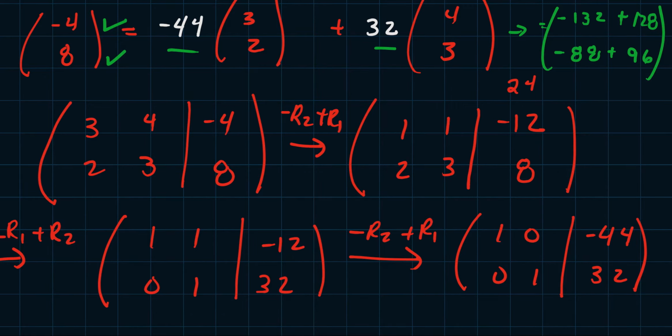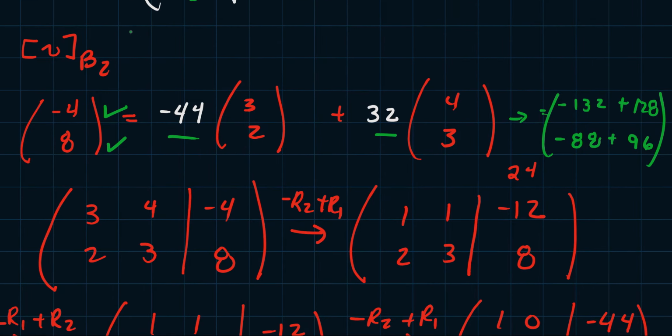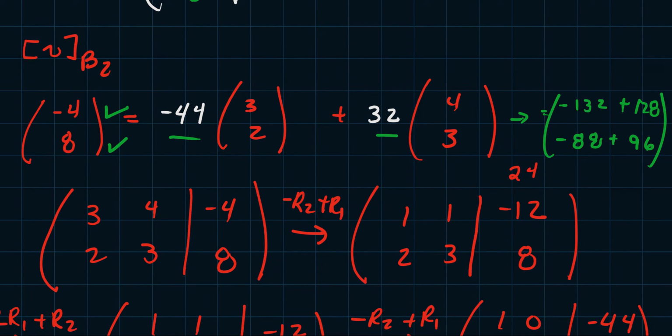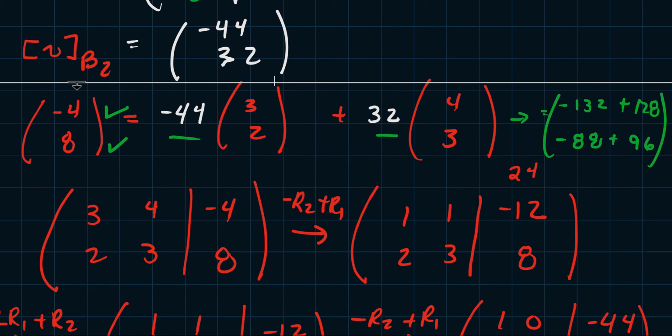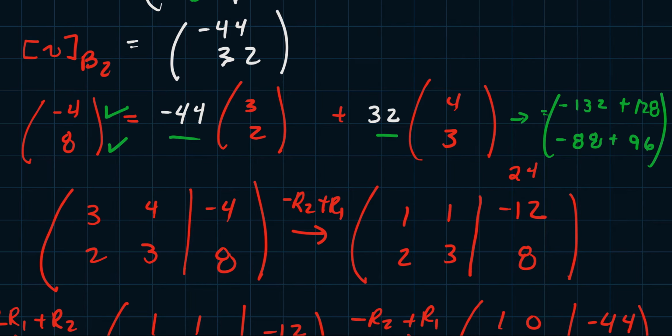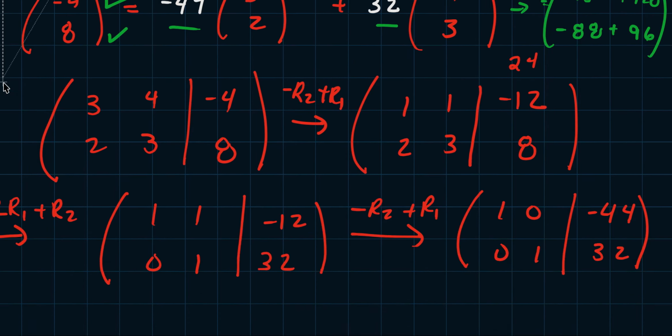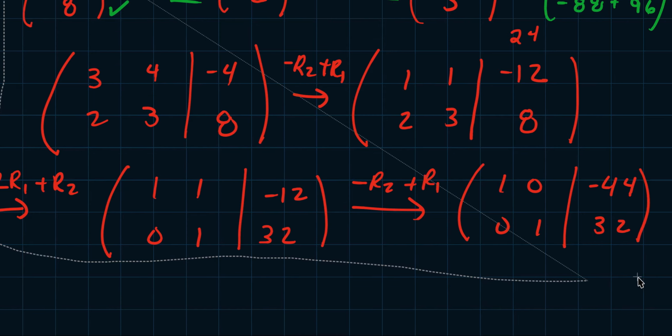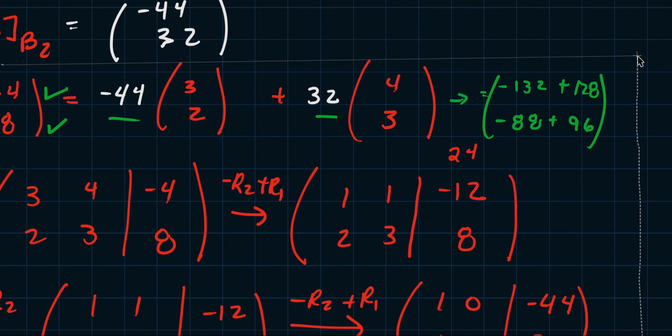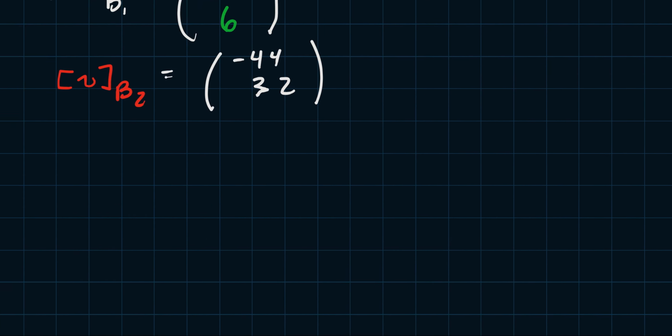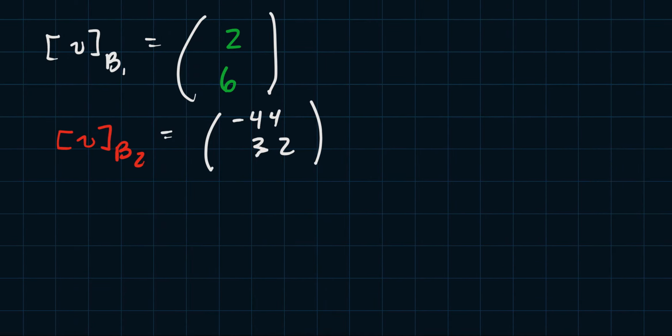So now we've found V in terms of B2. So this coefficient matrix is negative 44, 32. So we didn't do anything wrong. This is definitely correct. But now I want to use what we found in the last video, those change of basis matrices, to show that this is actually the case.